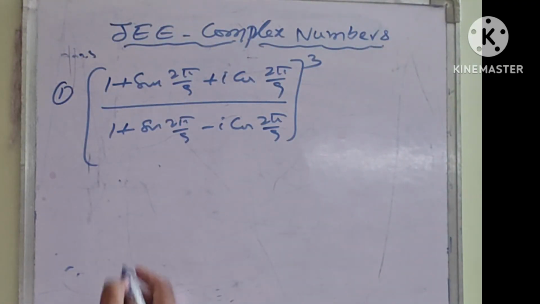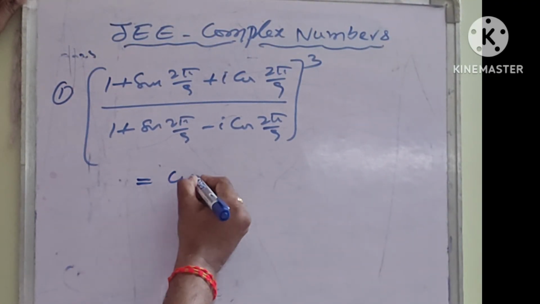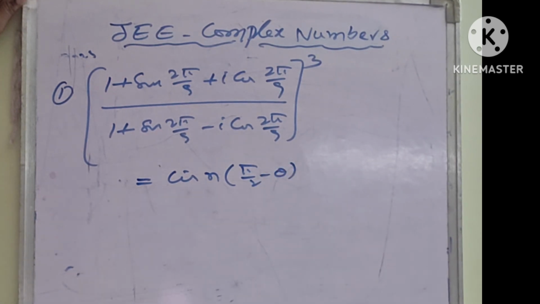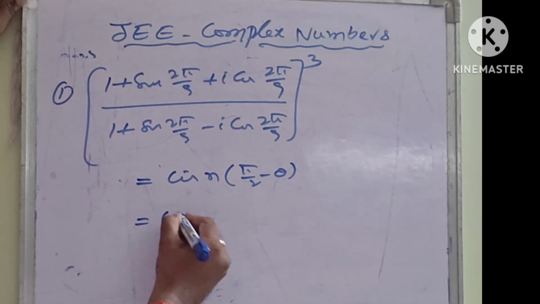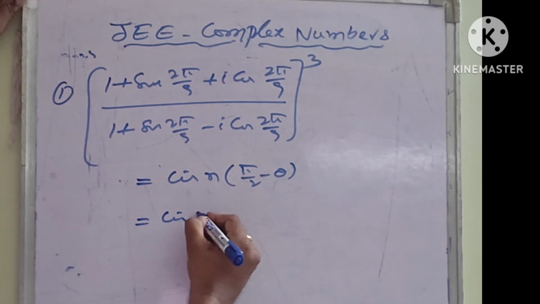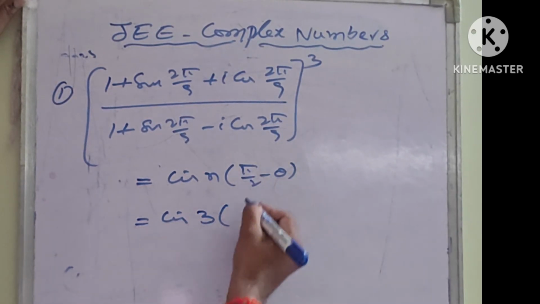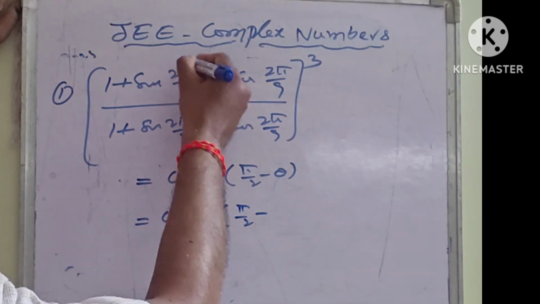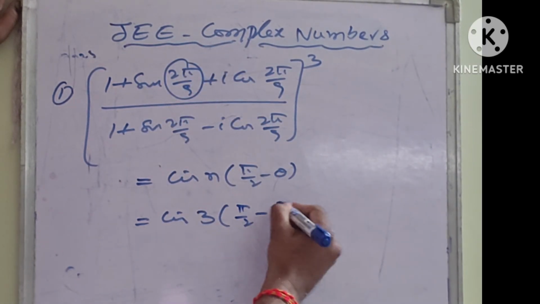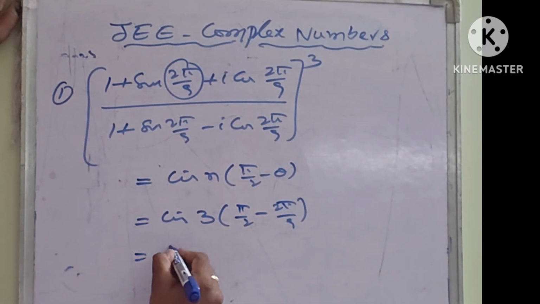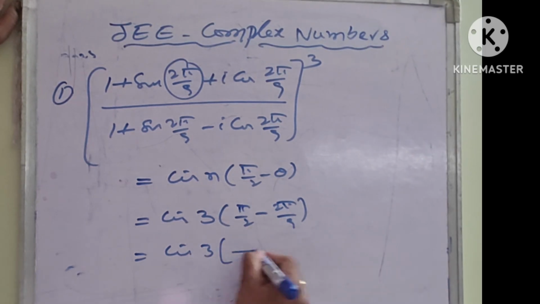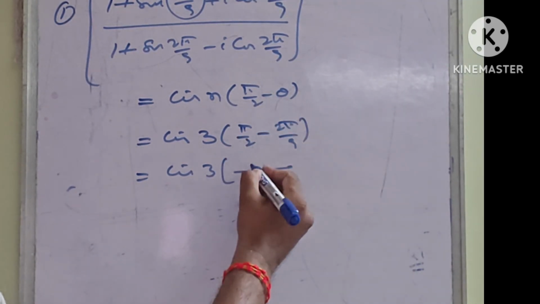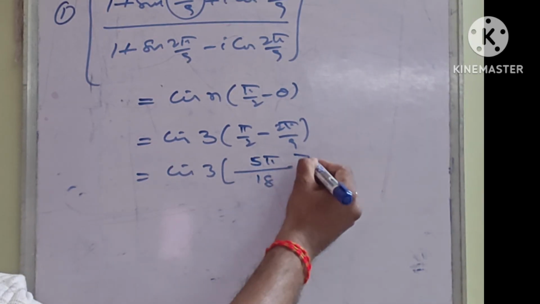So we know the formula: cis n of pi by 2 minus theta. Here n is 3, pi by 2 minus theta, where theta is 2 pi by 9. Now cis 3, the LCM is 18. So 9 pi minus 4 pi, 5 pi by 18.